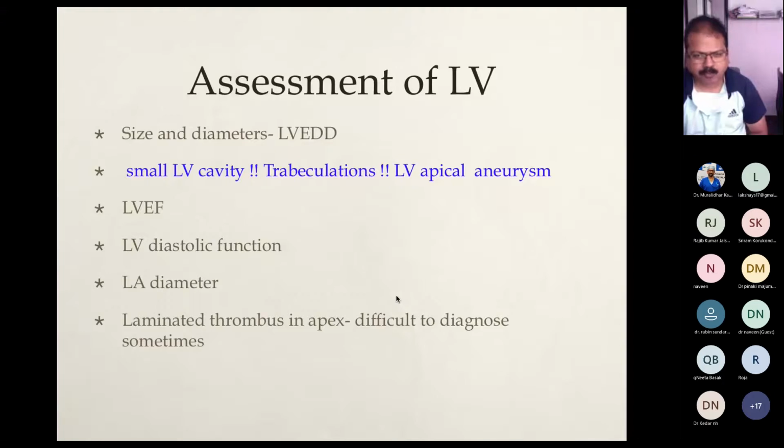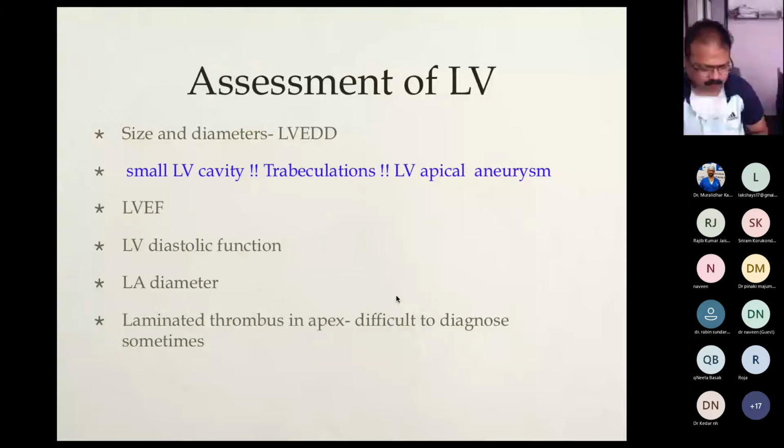The baseline left ventricular ejection fraction should be checked, because sometimes after LVAD placement the LV ejection fraction improves. Once the LV function improves after a few months or years of LVAD, the LVAD is sometimes decommissioned in a few patients.